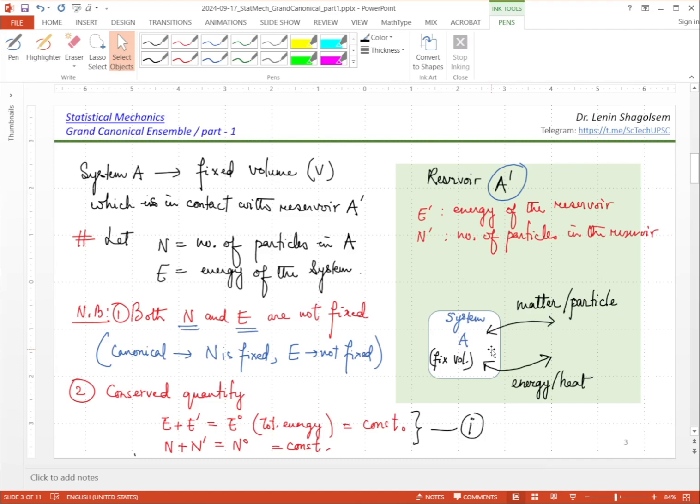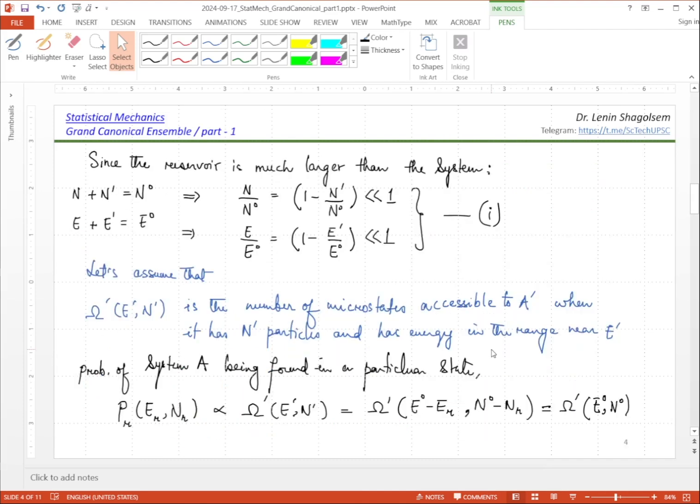Under this assumption, the energy as well as the number of particles that the system has is a very tiny fraction. It hardly makes any difference to the reservoir if there is a change of energy or number of particles in the system. So that is why the probability here is assumed to be directly dependent on the number of microstates accessible for the reservoir.